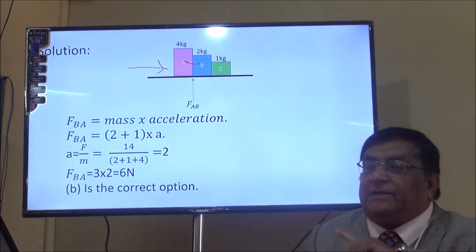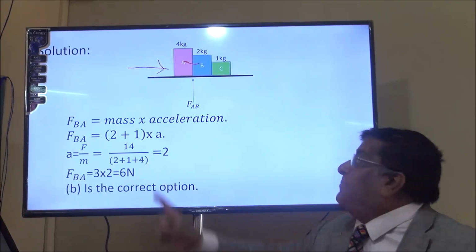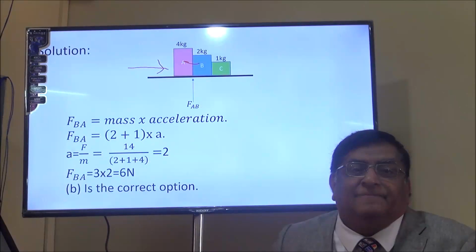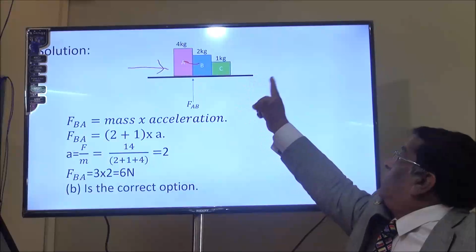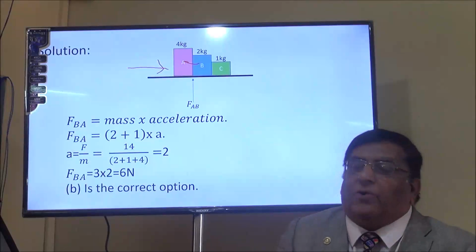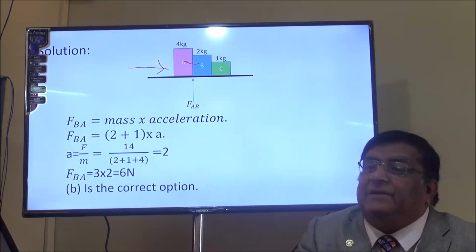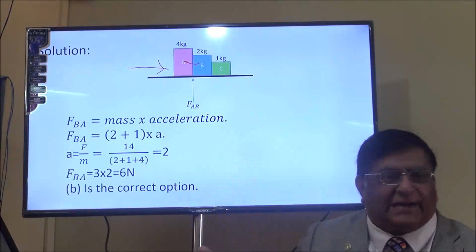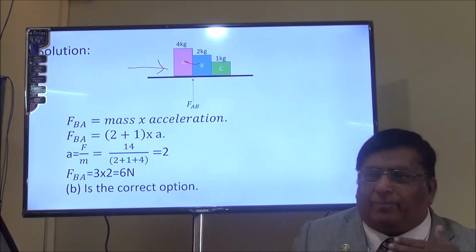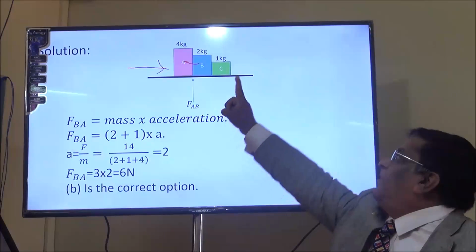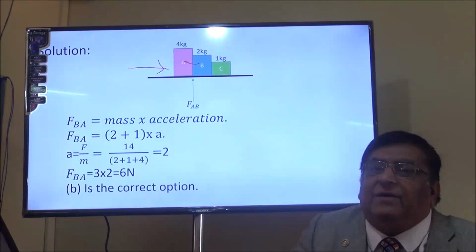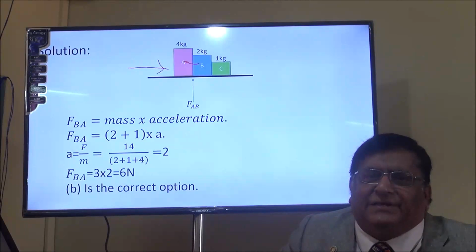When I push at A, how much mass am I pushing? 7. A is pushing B and C. How much mass? 3. Right? So you got the mass for my force, you got the mass for A's force on B. What do you need? Acceleration. And that is a very easy thing.